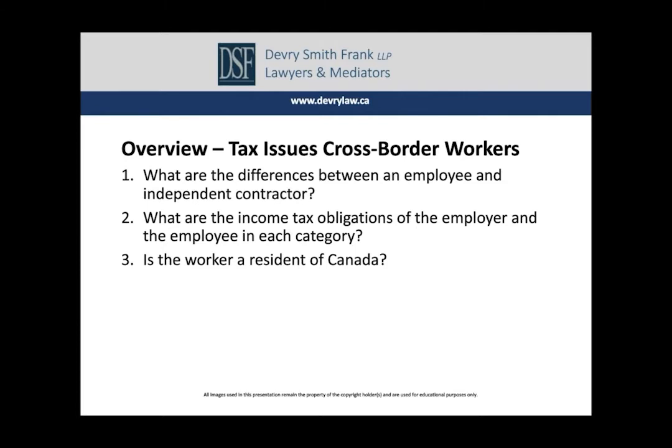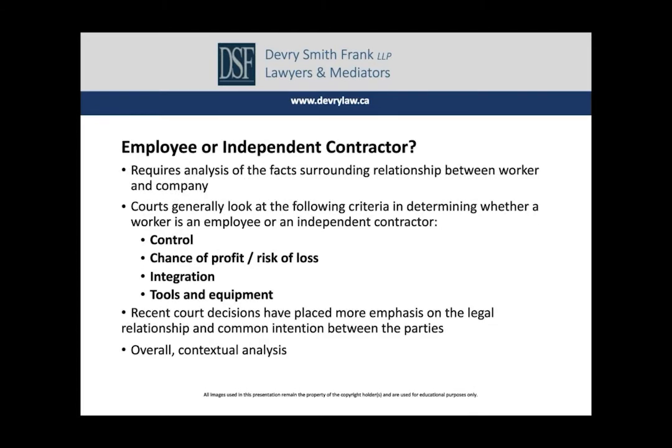So to start, whether someone is an employee or an independent contractor, as a matter of law, really does require an analysis of the facts surrounding the relationship between the worker and the company. It really does come down to a question of fact as to how the employer and the worker are, in fact, conducting their operations and their relationship to each other.